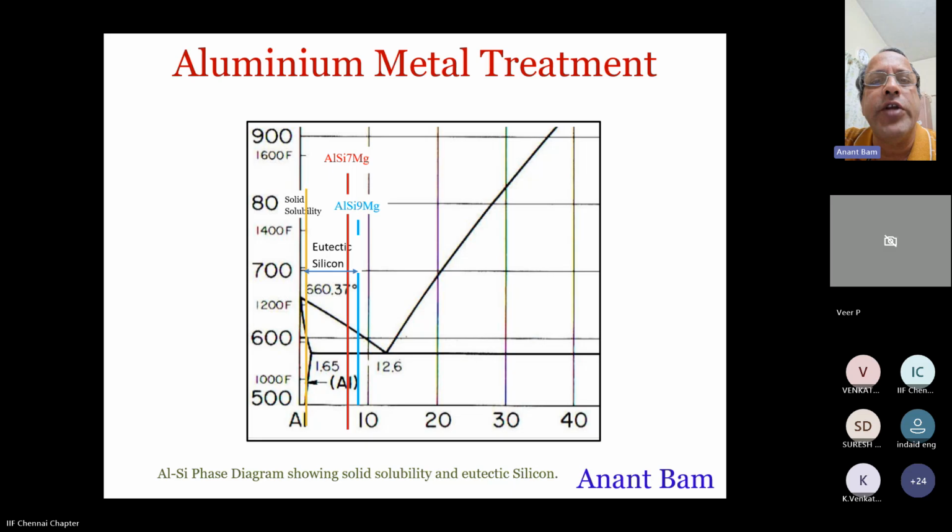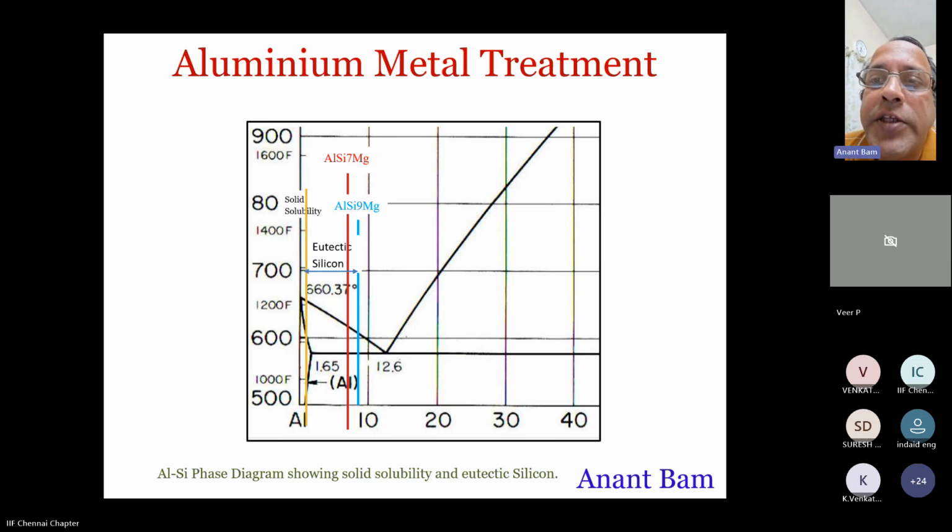This is a small portion of the aluminum silicon equilibrium diagram. The V shape. The bottom of the V is the eutectic point. On the upside of the V is liquid. On the lower side of the V is liquid plus solid. At the bottom of the V, you see a horizontal line.